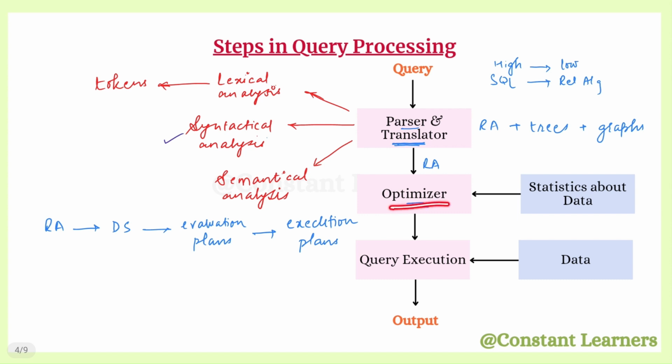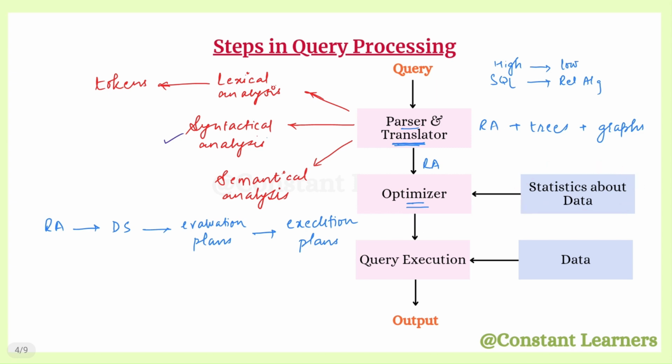It informs the optimizer about the indexes present in the table from which we have to generate the output, right? It will also tell the optimizer about the best join operation that can be used to perform that particular task, right? Or it may inform the optimizer about reordering the join operations. That means in which order the query must be executed. So all of that is studied with the help of statistics about data.